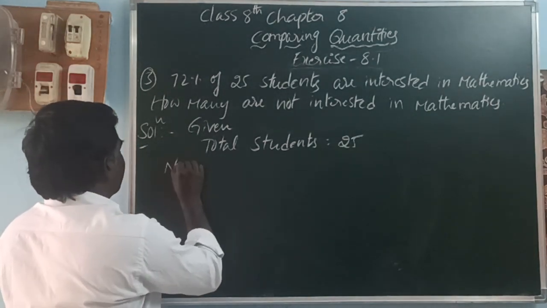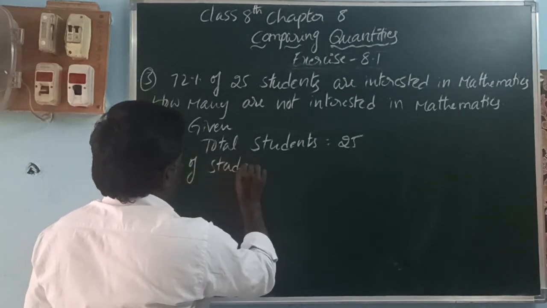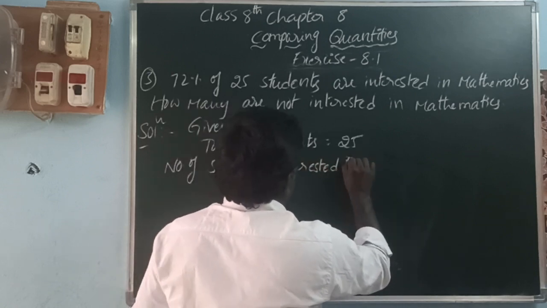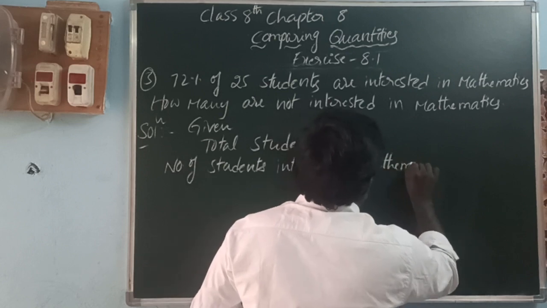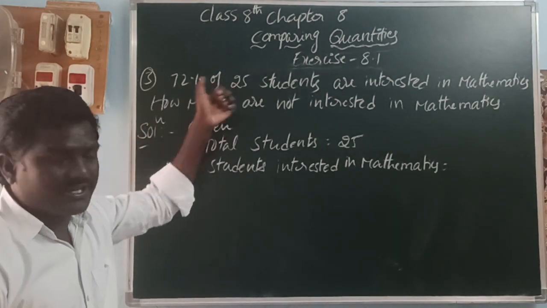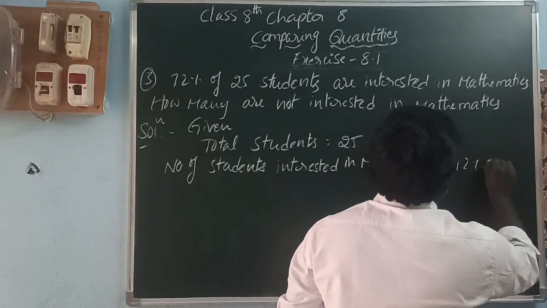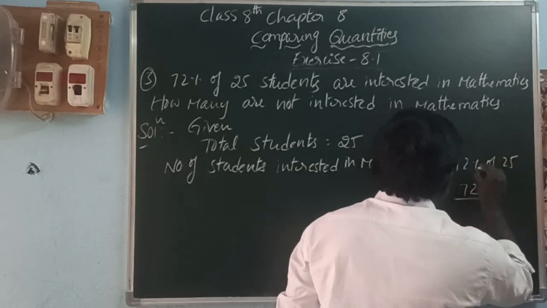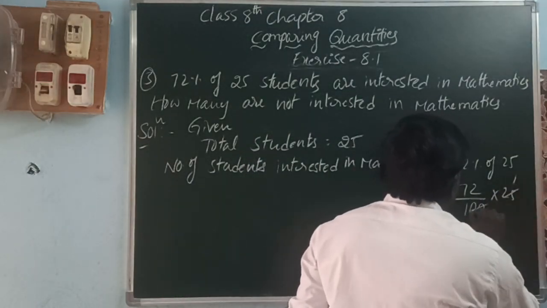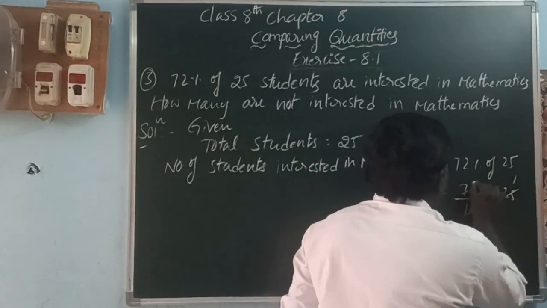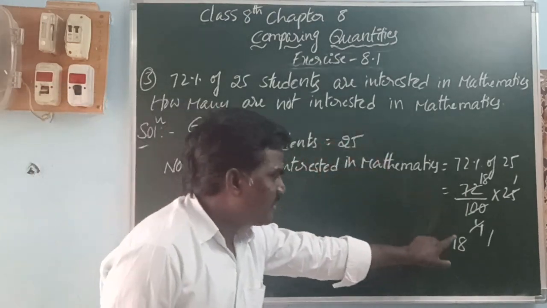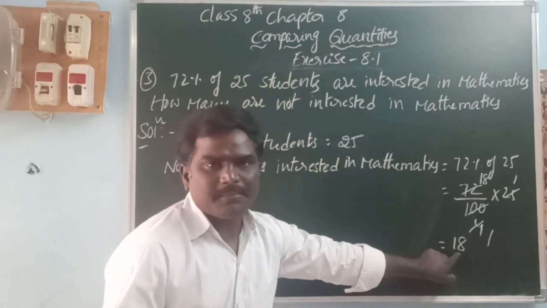So the number of students interested in maths is 72% of the total students 25. 72% means 72 by 100, into 25. 25 ones are 25, 25 fours are 100. 4 ones are 4, 4 eighteens are 72. So 18 students are interested in maths. The total is 25, and 18 are interested, so the remaining are not interested.